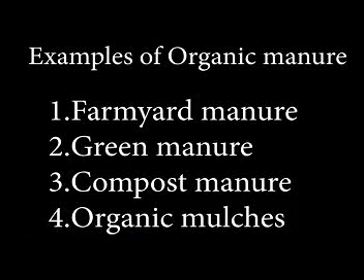I will start by discussing organic manure. Learners, organic manures are divided into four. We have farmyard manure, green manure, compost manure, and mulches. Let us start by looking at what is farmyard manure. Farmyard manure is also called animal manure.